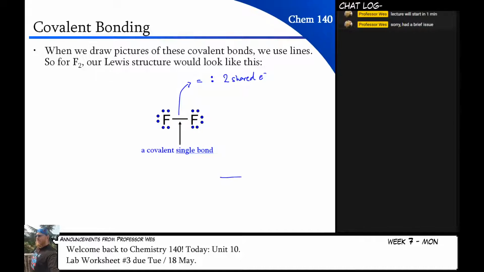Now, if we drew 2 lines because we shared 2 pairs of electrons, that would be like putting 4 electrons in there. And so on and so forth. You can put as many lines as you want. Each line represents 2 electrons. For our purposes, we're never going to see more than 3 in this class, and we'll see why you can't actually get a 4 in a second.